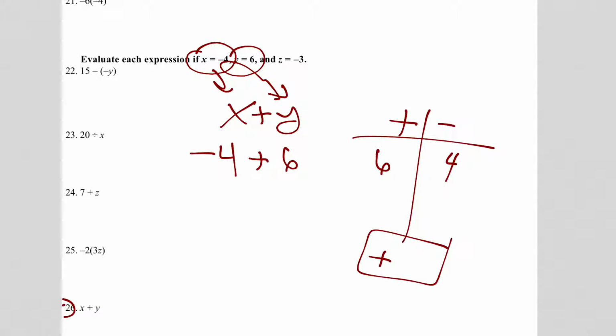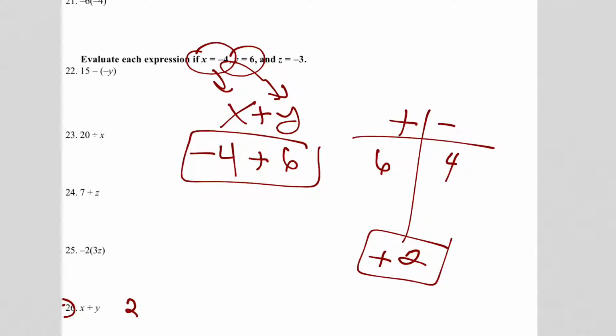And how many did they win by? Well, if you subtract 6 minus 4, you get 2. So the positive team won by 2. Another way of looking at this is negative could mean I owe the bank money. If I owe the bank $4 and then put $6 in my account, now I have $2.